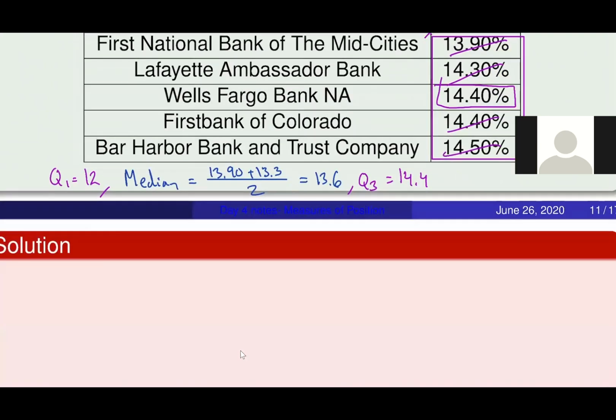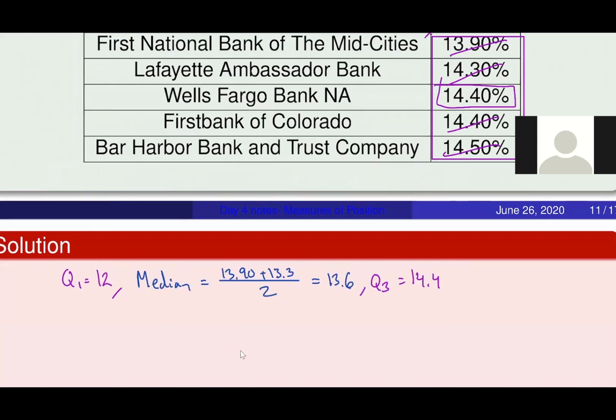Let's move all of this over here. To find the IQR, we take Q3 subtracted by Q1. So Q3, which is 14.4, minus 12. What's 14.4 minus 12? 2.4, perfect, thank you.